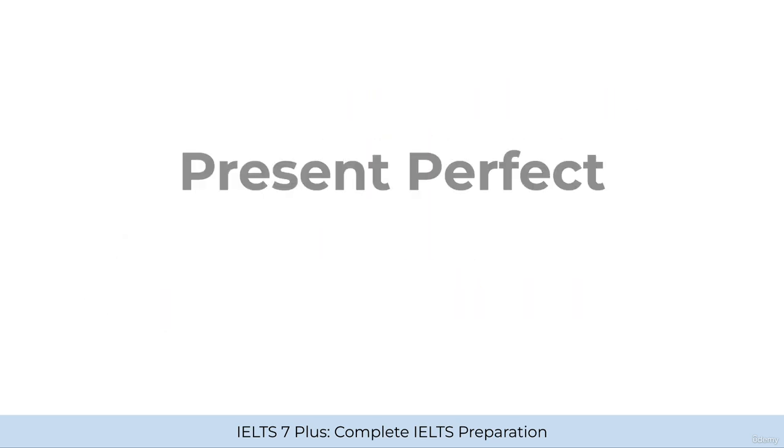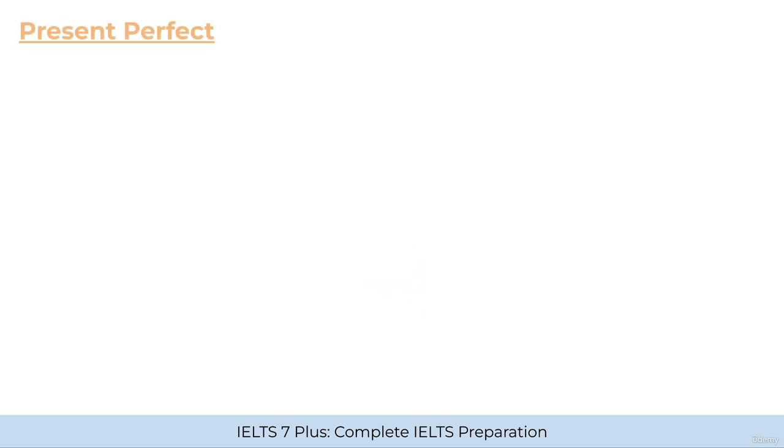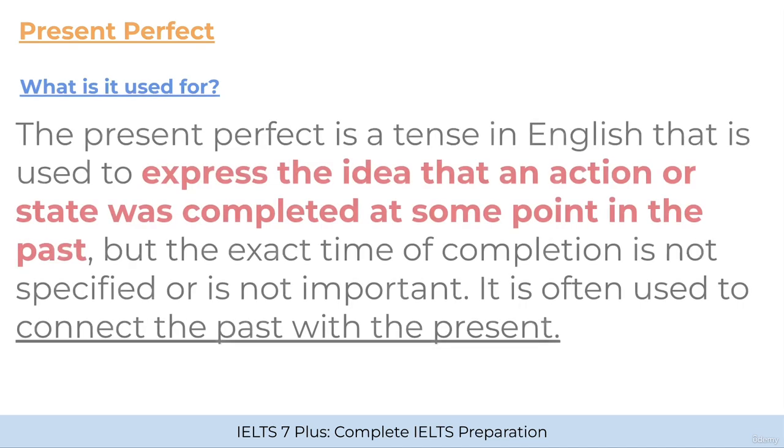We're going to start today by looking at the present perfect. Now you might already know this tense. Maybe you know what the requirements are to create this tense. Let's have a look. So what is this used for exactly?